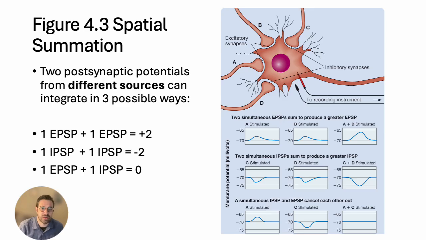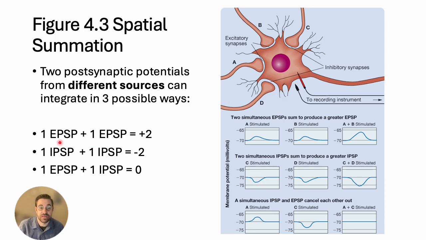So here's spatial summation mapped out. You see we've got one neuron here with presynaptic neurons connecting, A, B, C, and D. And what you see here is that you can get two postsynaptic potentials from different sources, and we can integrate them in a few different ways.